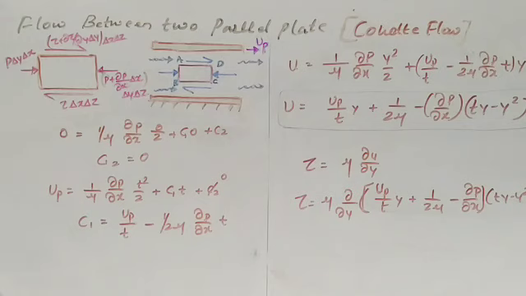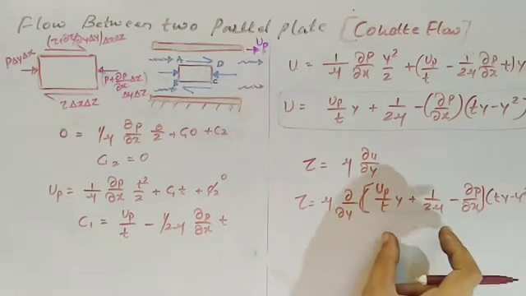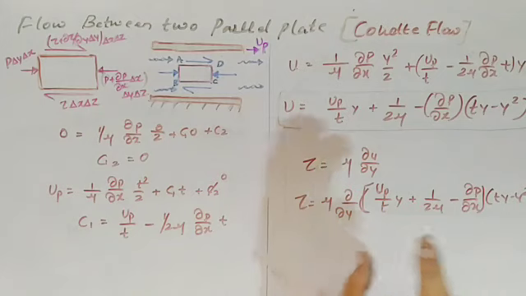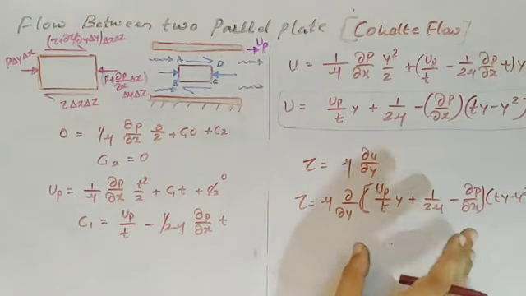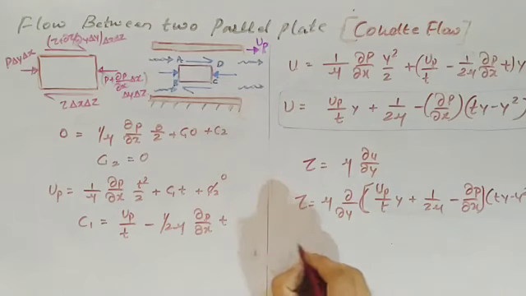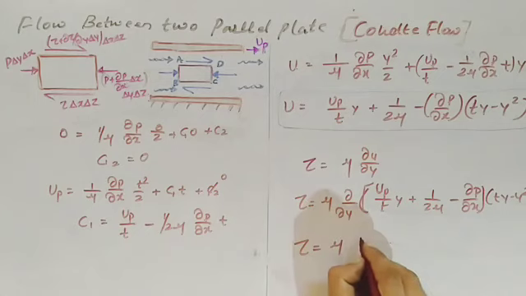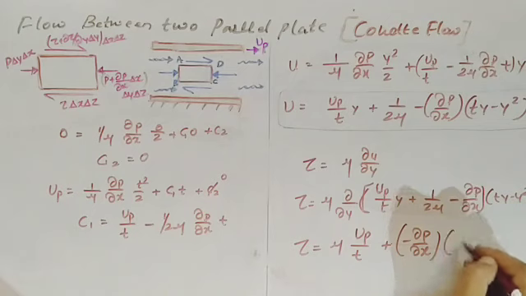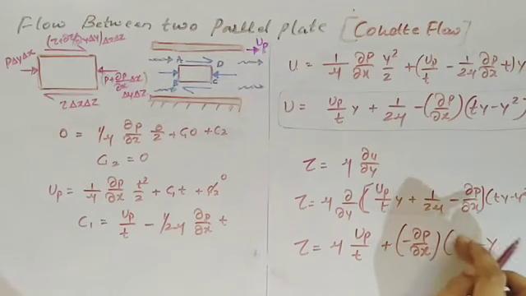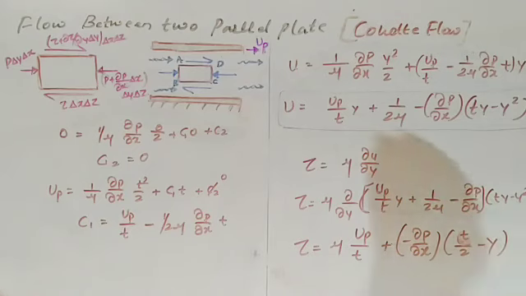Okay, now if I differentiate this equation with respect to y, I will get tau equals mu Up divided by t plus, minus dou p by dou x into b by 2 minus y. So b is nothing but t by 2.